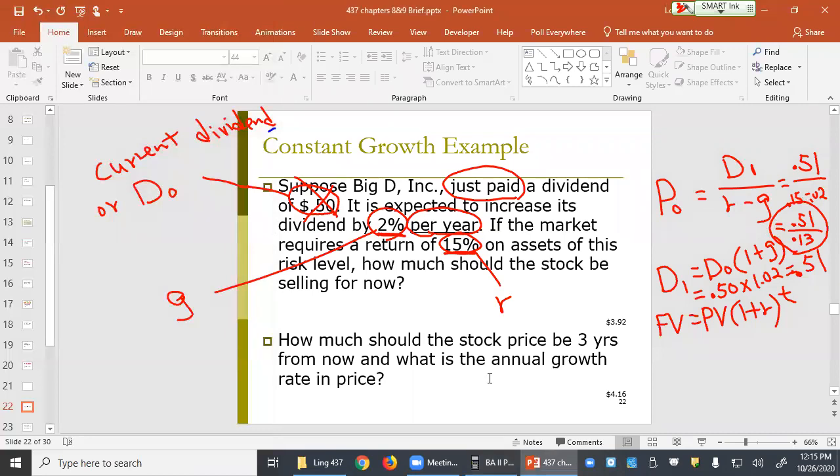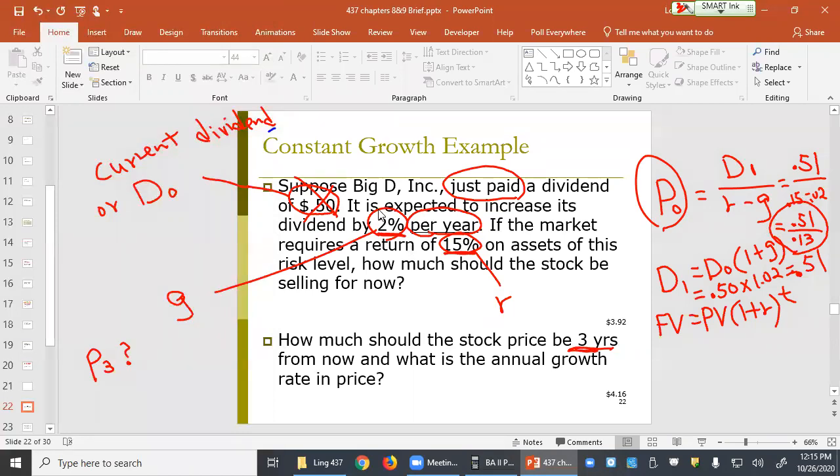Let's continue. How much should the stock price be 3 years from now? We have just solved for P0, and now we're being asked to solve for P3, the stock price 3 years from now.